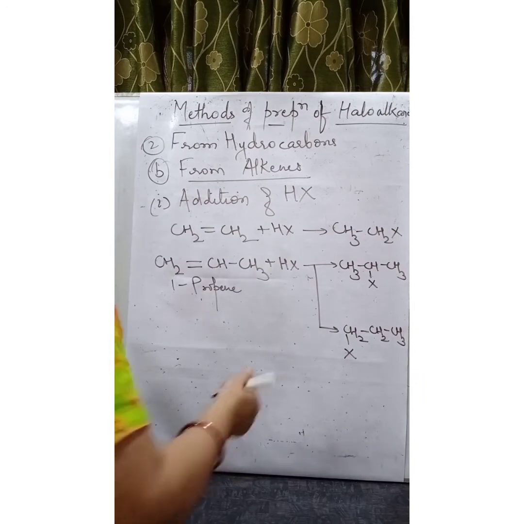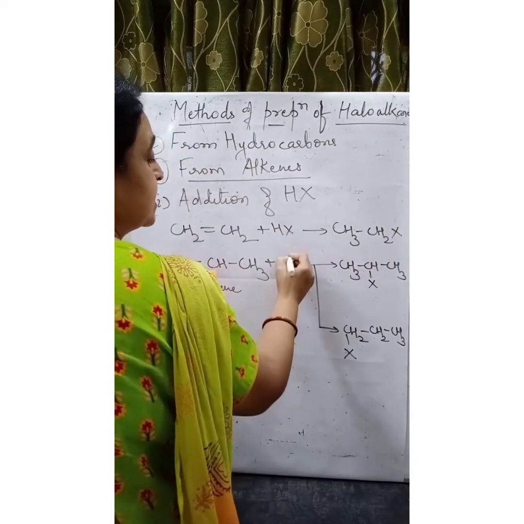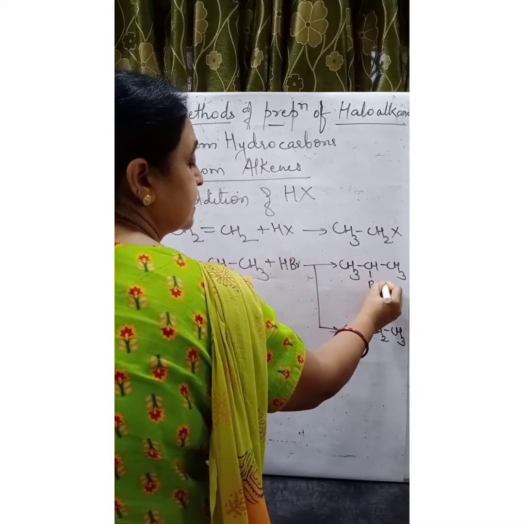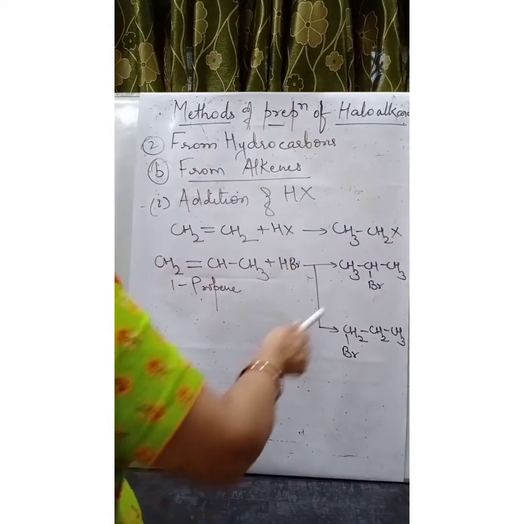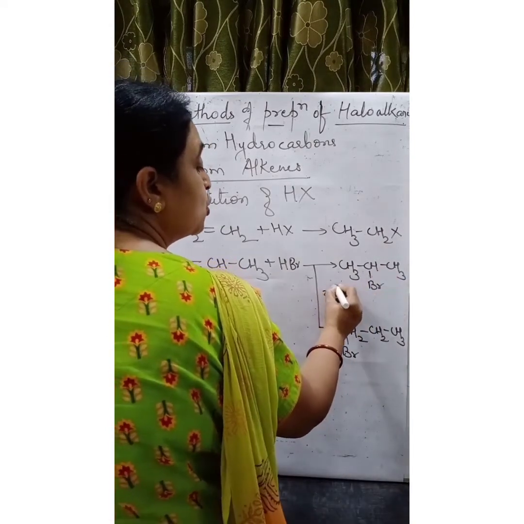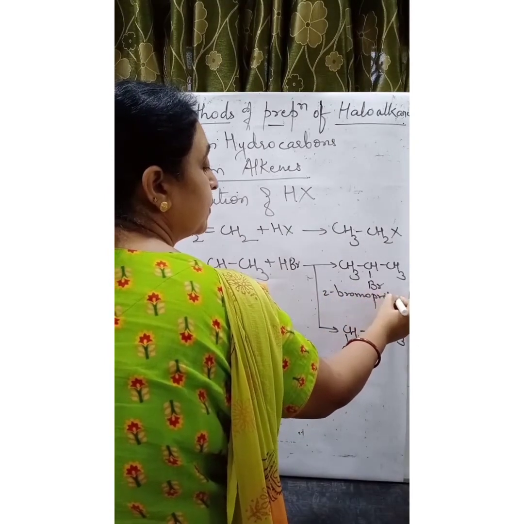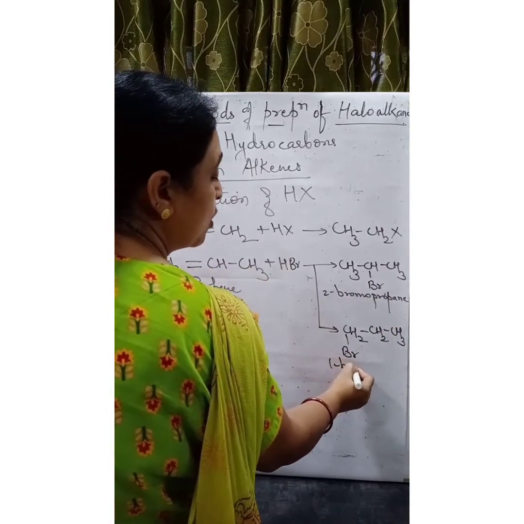Name both these products. Now to simplify, I am just taking an example of Br. So everywhere Br gets added. Now name this. The name of this compound is 2-bromopropane, and this compound is named as 1-bromopropane.